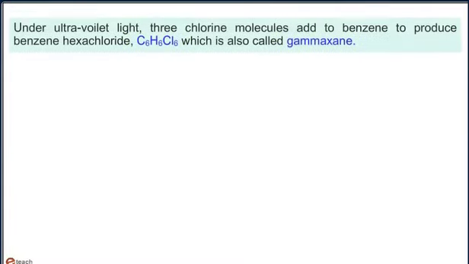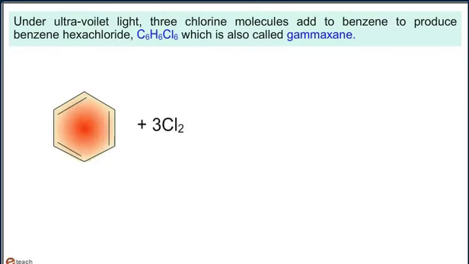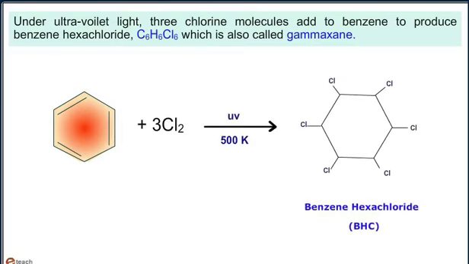Under ultraviolet light, 3 chlorine molecules add to benzene to produce benzene hexachloride, that is C6H6Cl6, which is also called gammexane. Consider the reaction C6H6 plus 3Cl2 under ultraviolet at 500 Kelvin condition gives C6H6Cl6, that is benzene hexachloride, or BHC.